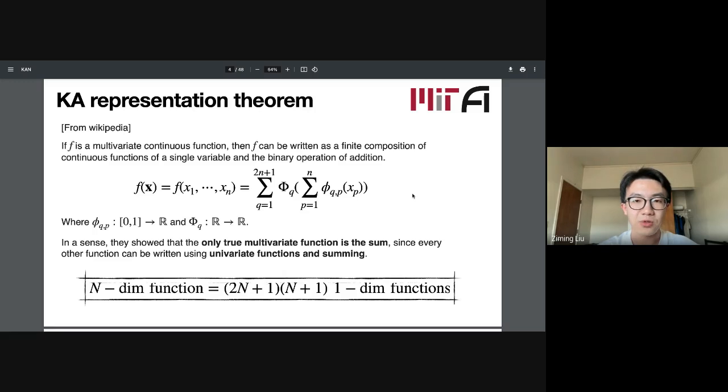To appreciate this theorem, it tells us that you can decompose a high-dimensional function into a bunch of 1D functions and only the summing operation, which is quite great news, because in machine learning you usually need to approximate high-dimensional functions. This tells us that you can break them down into 1D functions and summing. So this simplifies the problem to a great extent.